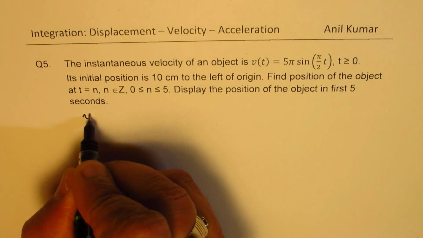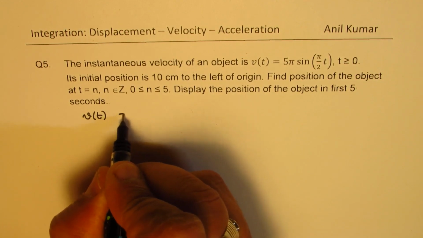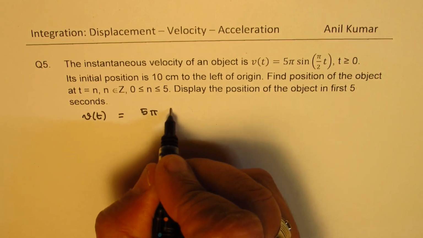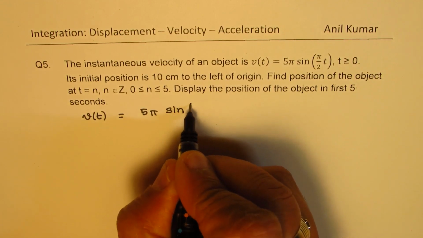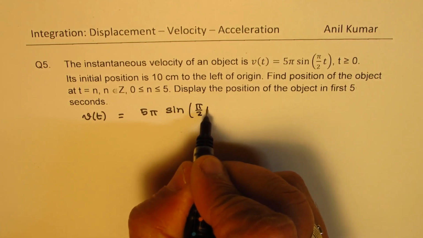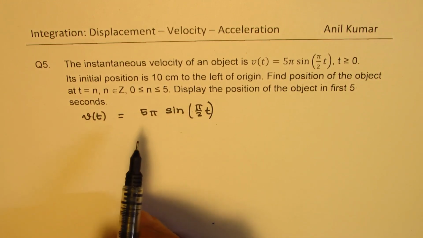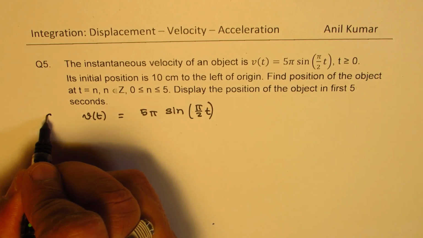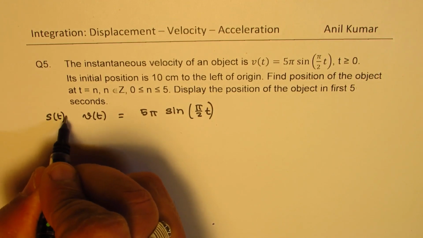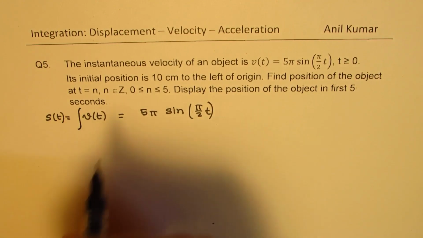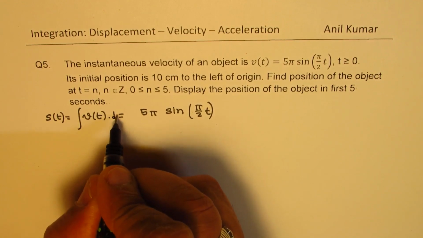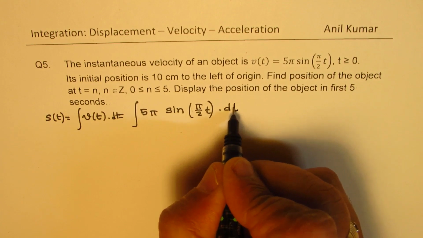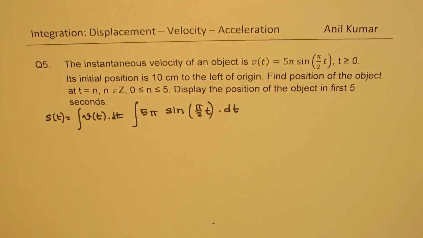So we are given the velocity, which is equal to 5 pi sine of pi by 2t. Now we need to display the position, so we want s of t. So s of t is the integral of v of t dt with respect to time. So let's integrate this with respect to time to get the displacement.